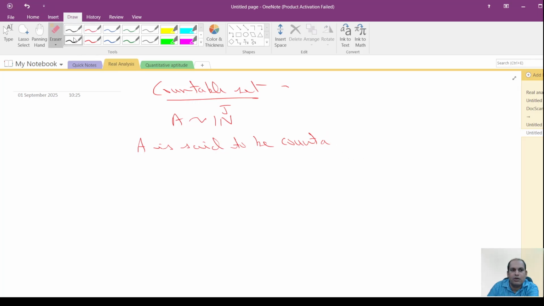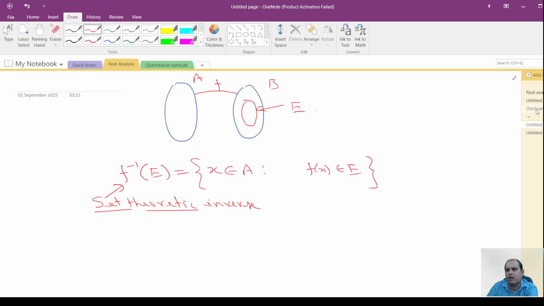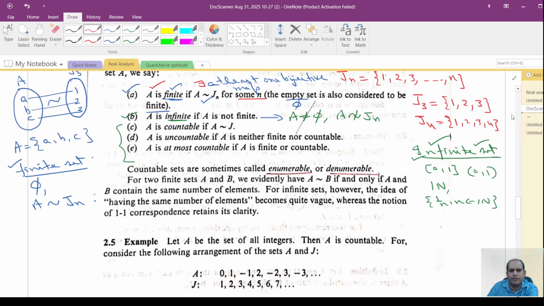This one is countable if there exists a bijective map between A and the set of natural numbers, or one can use the notation J. Let us first complete this one, and then I will tell some different notation used by some authors. So, A is countable if it is similar to the set of natural numbers.